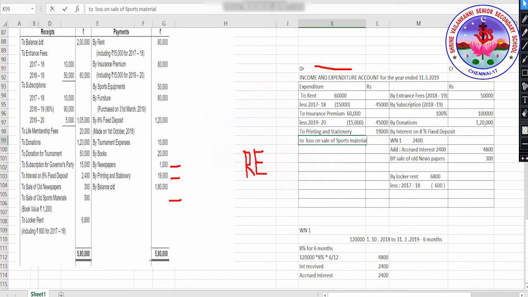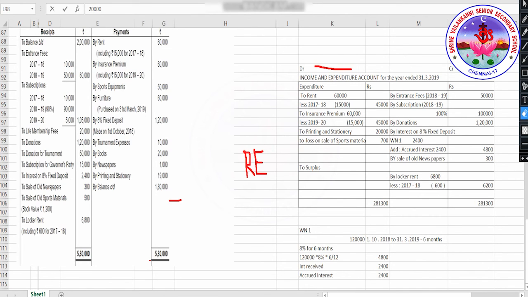Due to time constraint, I'm just going to mention whatever needs to be mentioned and explain. One mistake that I have made is that newspaper and printing and stationery is a revenue expenditure, so I have just totaled this up as 20,000. I think other things are clear.